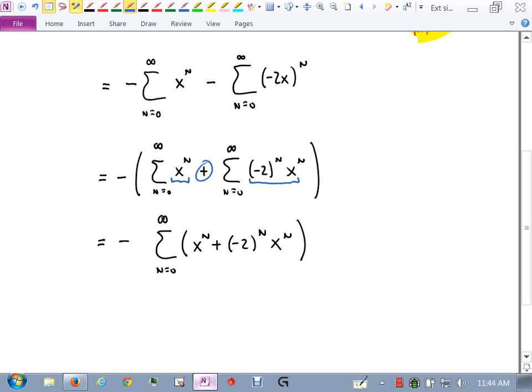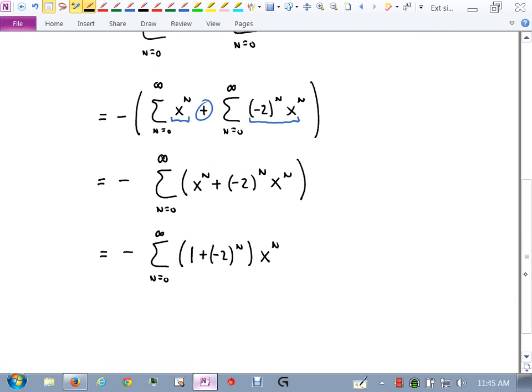Adding the insides of these together. And since they both have x to the n, I can factor out an x to the n. If I factor out an x to the n from both of these, I will be left with, let's see, what? 1 plus negative 2 to the n, and then x to the n, like that.